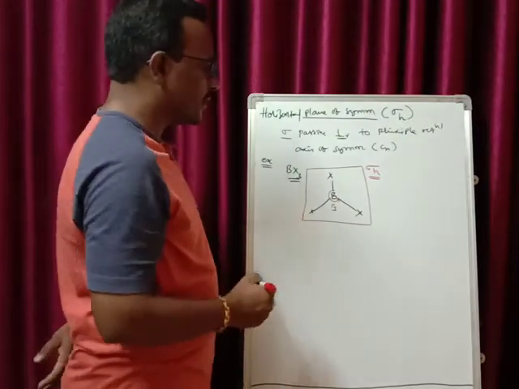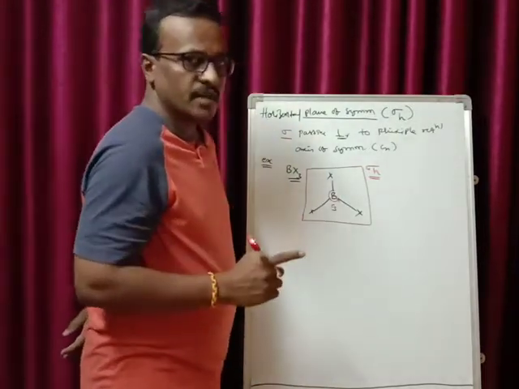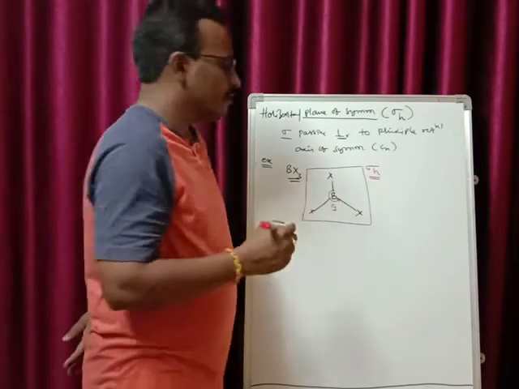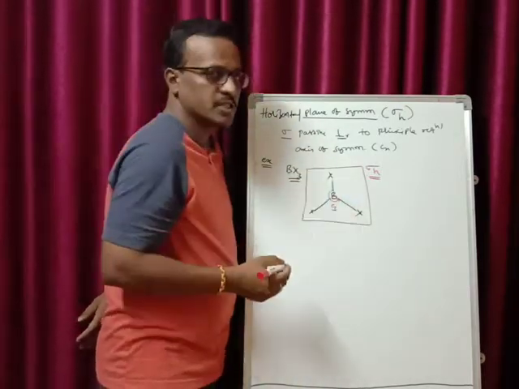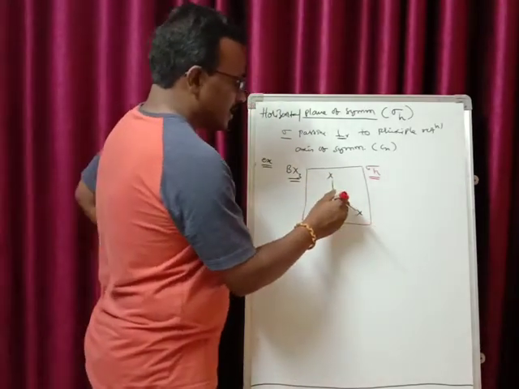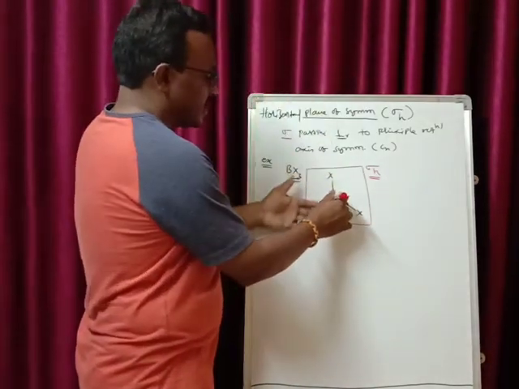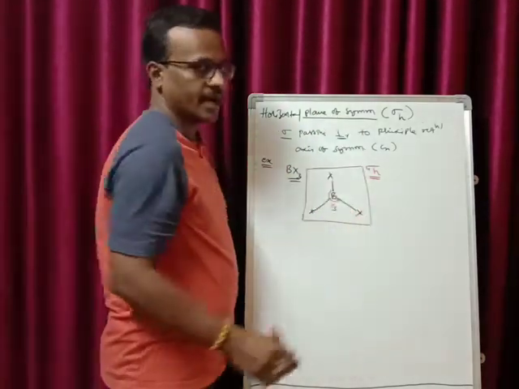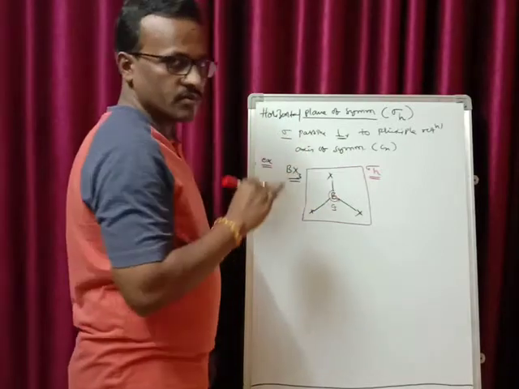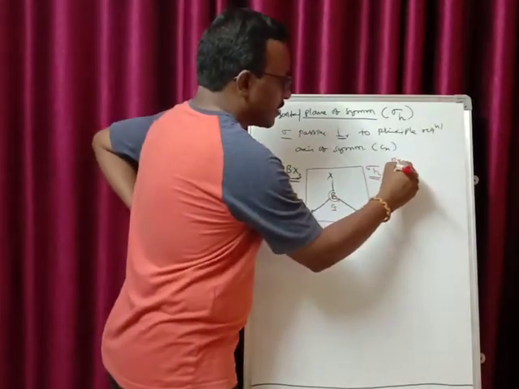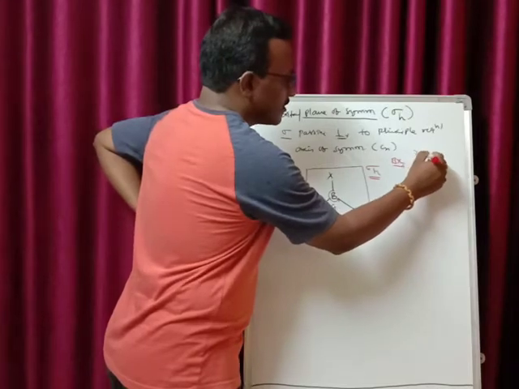So the BX3 molecule has sigma h, that is, a horizontal plane of symmetry, which runs perpendicular to the principal rotational axis of symmetry. Your principal rotational axis of symmetry is like this, and your plane of symmetry is like this. That is, you are cutting the molecule like this. Therefore, it has sigma h. As I already told you, in the vertical planes of symmetry, the BX3 molecule has 3 sigma v's.